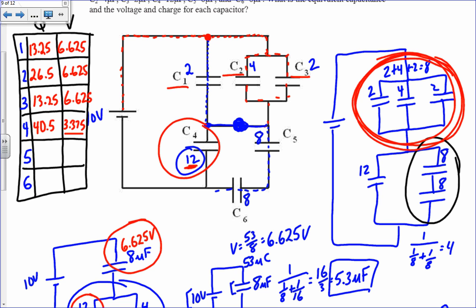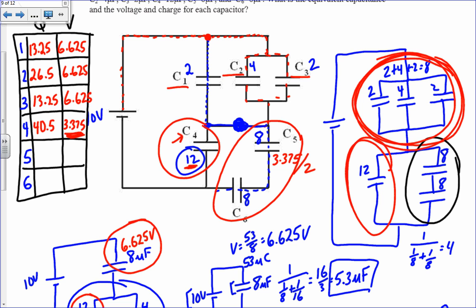Now, the only thing I'm missing is C5 and C6. I already know that the voltage across here is this 3.375. So I know each of these are going to have 3.375 divided by 2. Because if I have 3.375 volts across this capacitor, I also have 3.375 volts across these two capacitors.